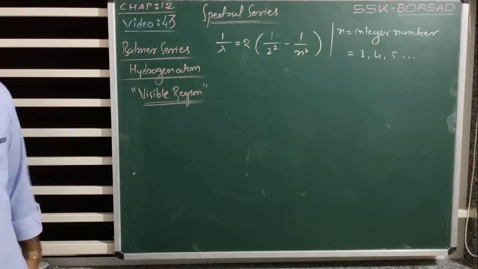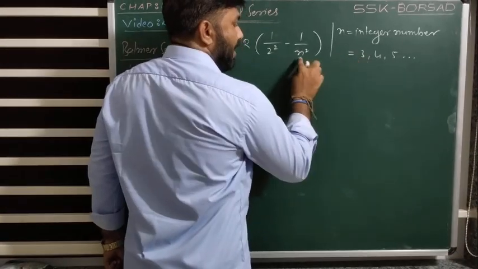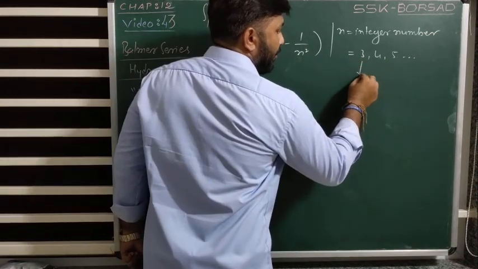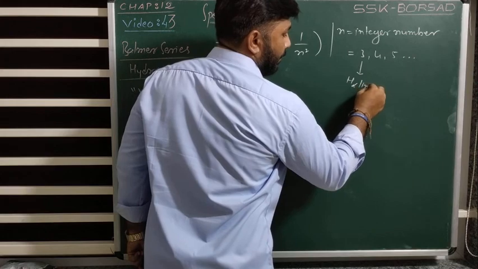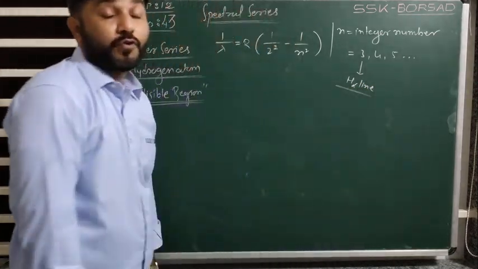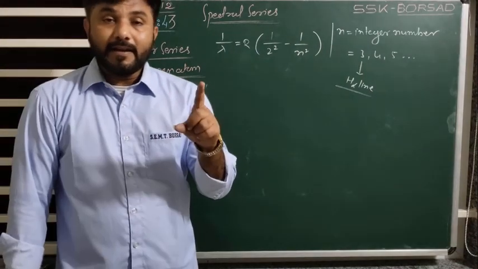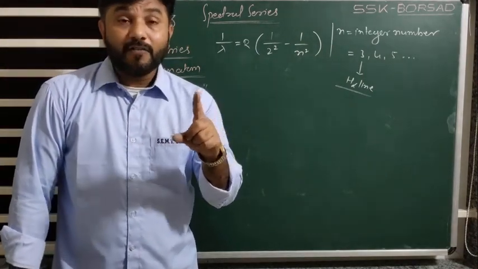Okay, if you put n is equal to 3 here, then which line will you get? H alpha line. Check it out. On page number 421, there is a spectral line of H alpha line.